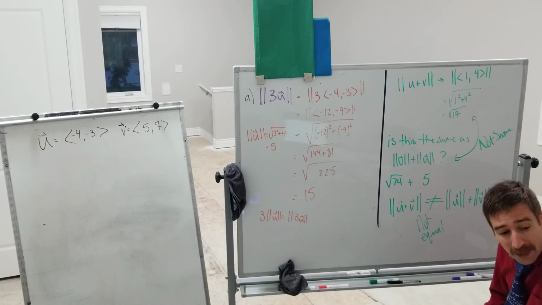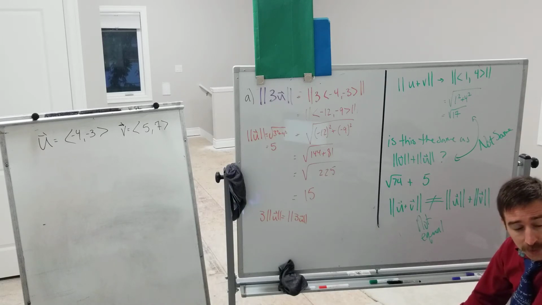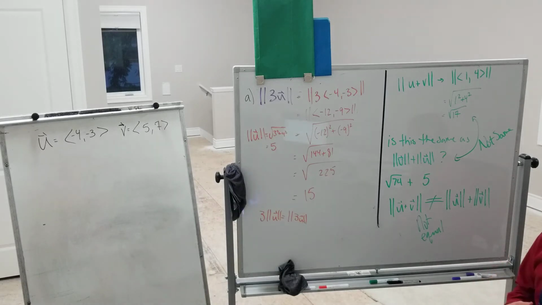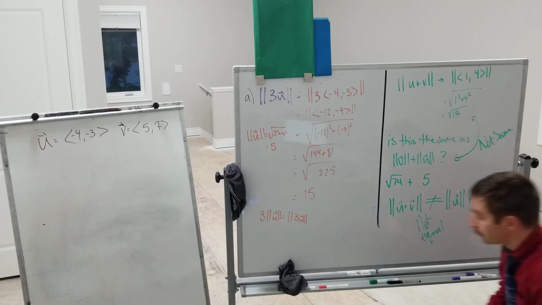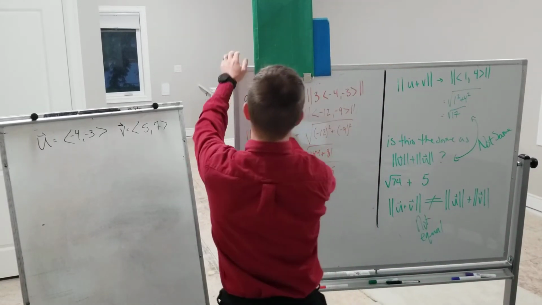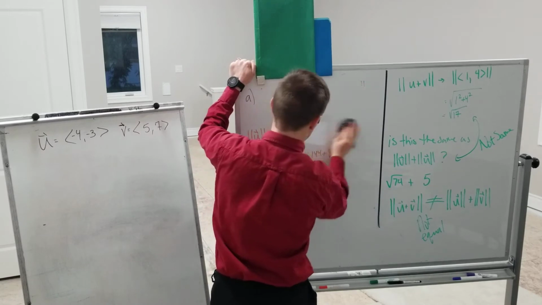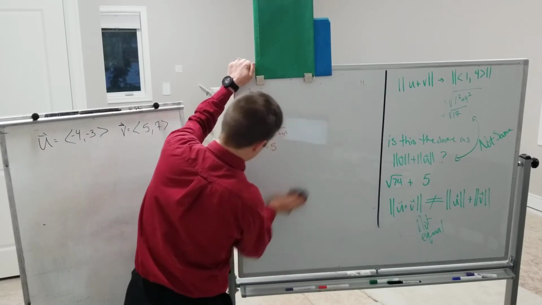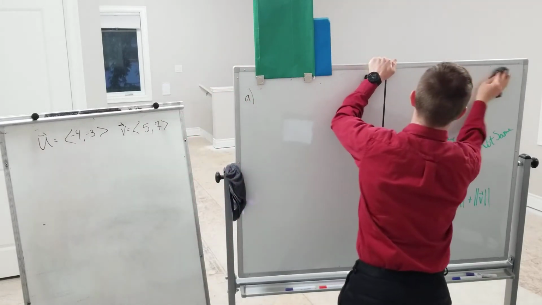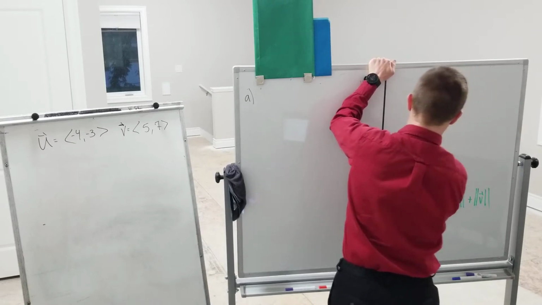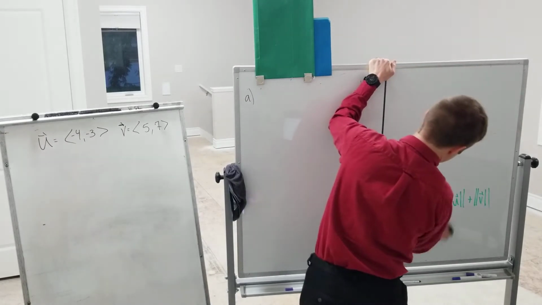Let's find the direction angle of u, and then we'll talk a little bit about direction angles in different quadrants other than vector u. All right, so if we're looking at vector u, we already have the magnitude.